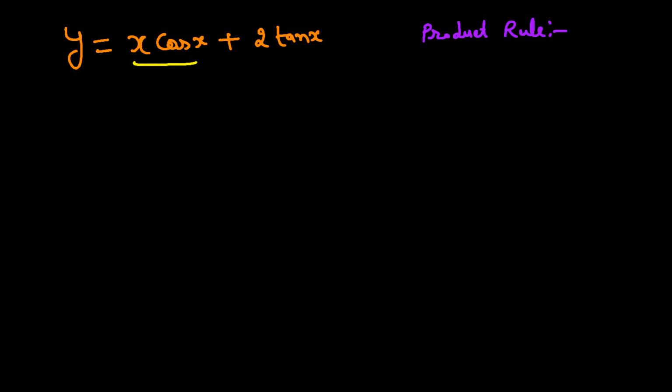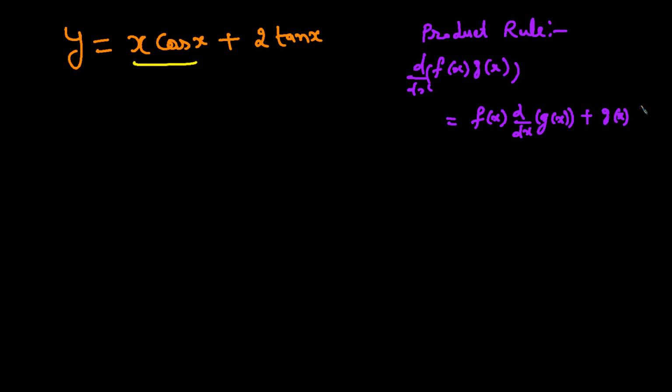According to the product rule, if you have two functions f(x) and g(x) and you're trying to find the derivative of their product, it is equal to the first function times the derivative of the second function, plus the second function, we are not going to do anything with the second function, times the derivative of the first function.